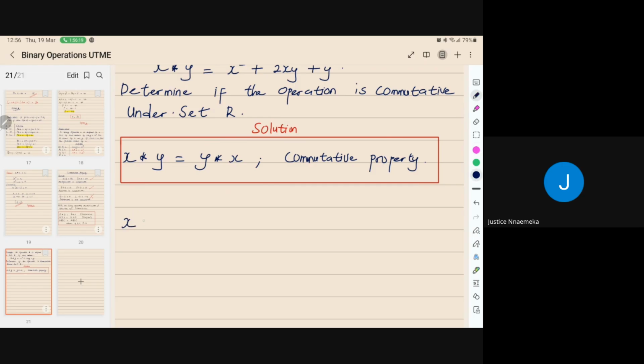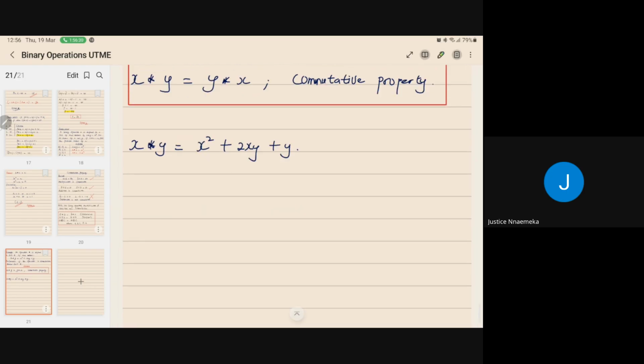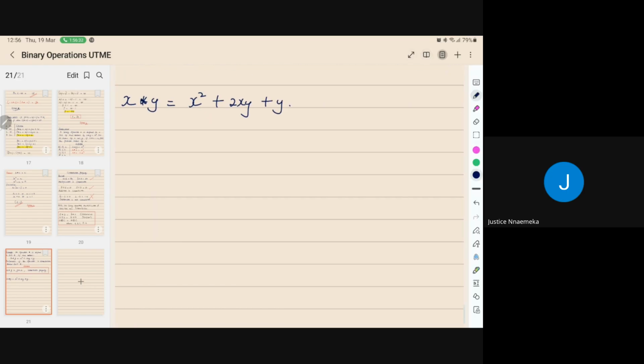They gave us x asterisk y to be x squared plus 2xy plus y. Now, let's check. Y asterisk x will now be what? Anywhere I see y, I put x, isn't it? So I have y squared plus 2yx plus x.